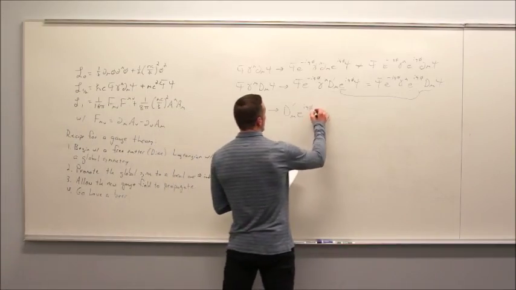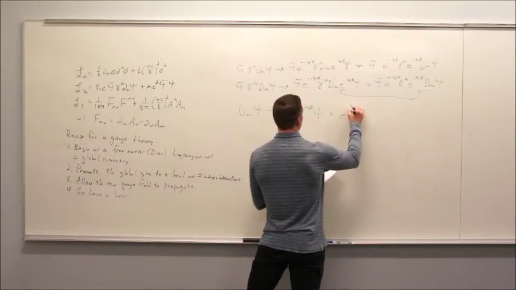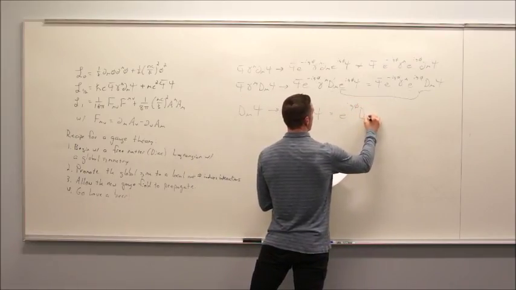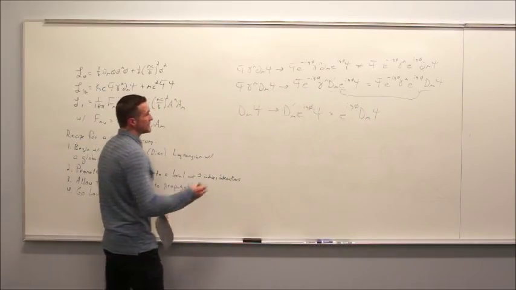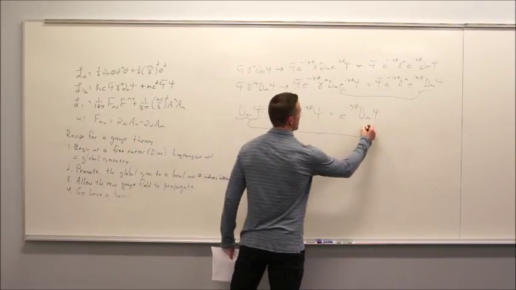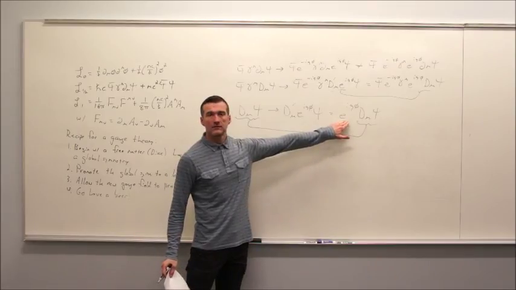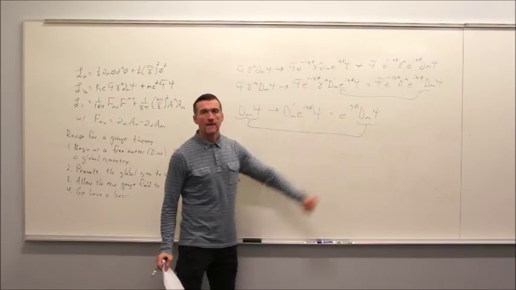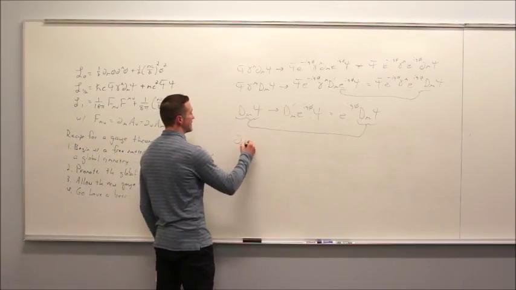And so what we're essentially arguing is that this thing transforms like this. That is, the transformation of this just gets an overall factor. We could not say that for this.